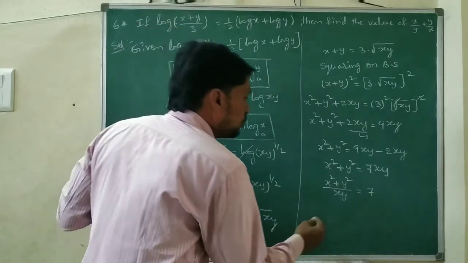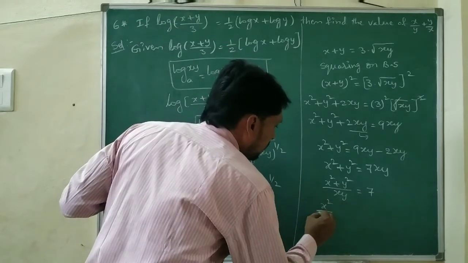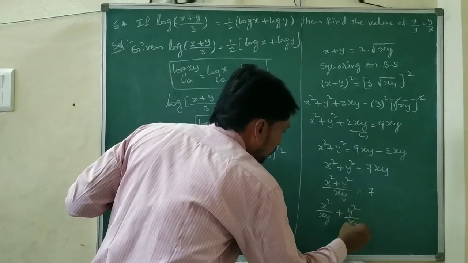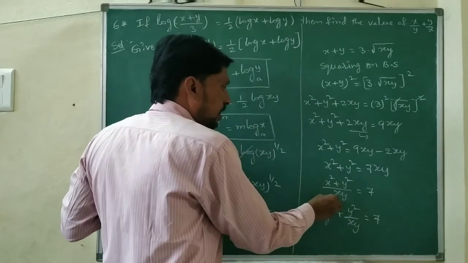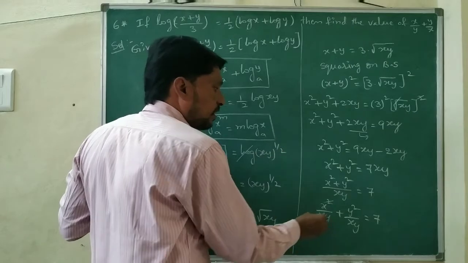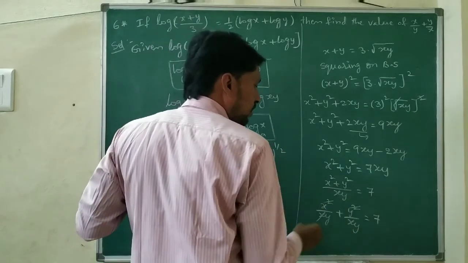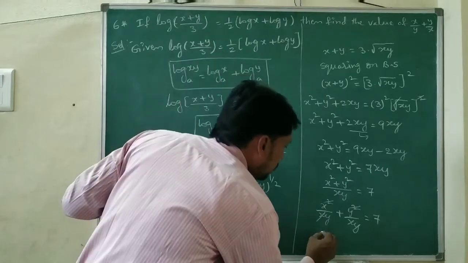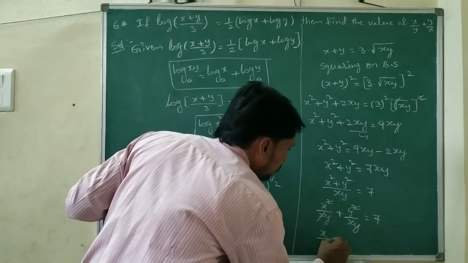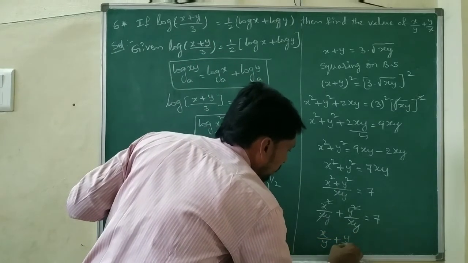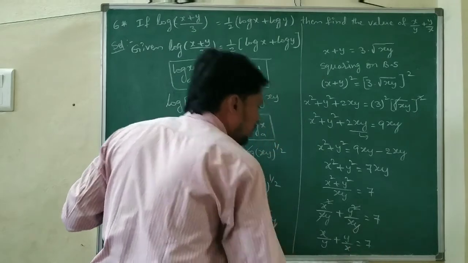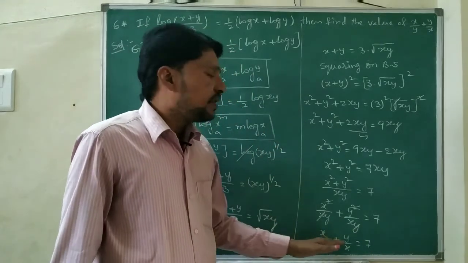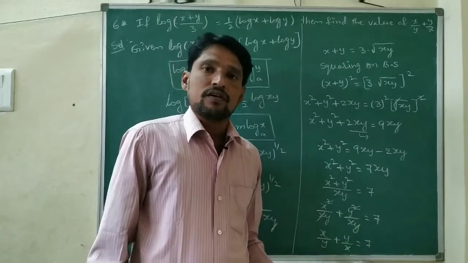Now we can write individually x square by xy plus y square by xy equals 7. In the first term, x cancels with x, and in the second, y cancels with y. What remains is x by y plus y by x equals 7. So we got 7.